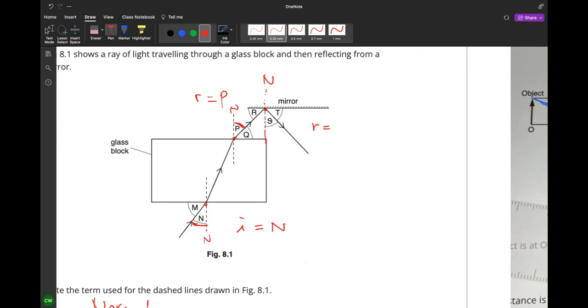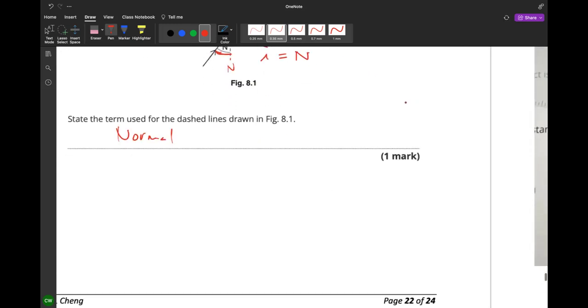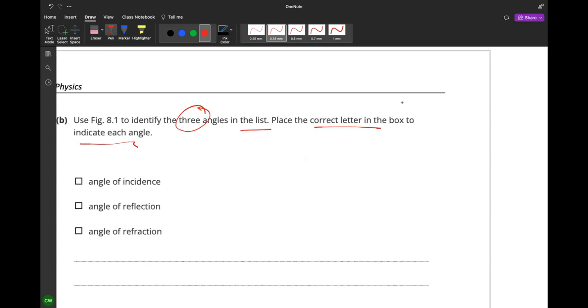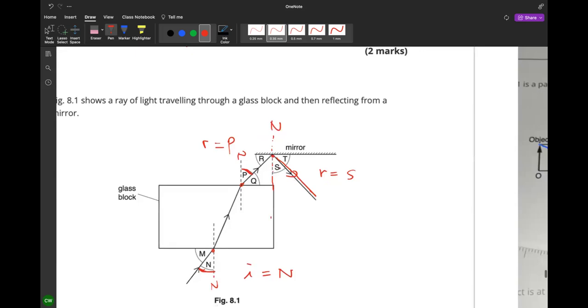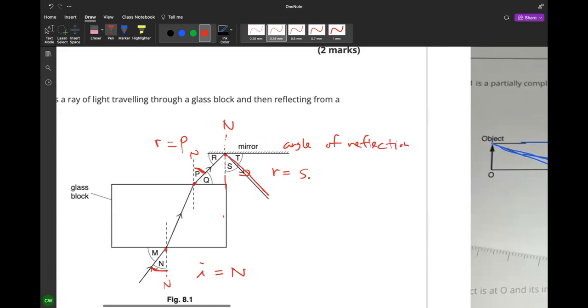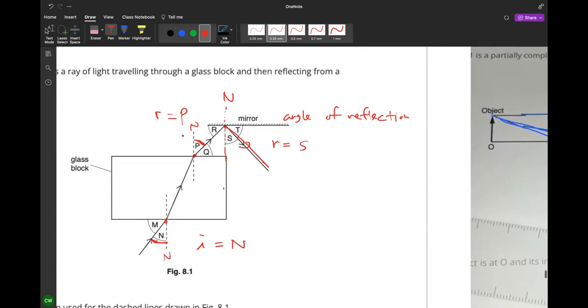The ray, this line and this line. It's S, not T. T is not with the normal, it must be the ray with the normal line. Measure from the normal line, okay? This one is not reflection. This is the angle of reflection. Reflection. And what is this? This is the angle of refraction.